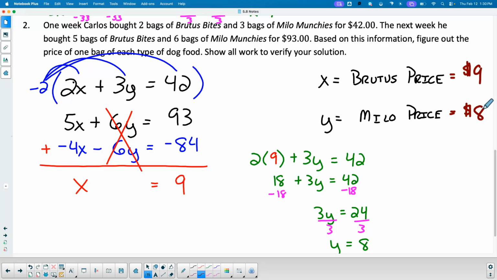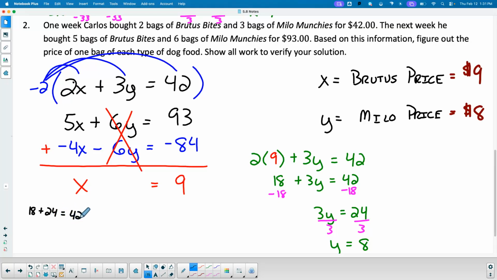Well, that's it. Now we got to check it. Okay? 2 bags of Brutus bites. So 2 bags at $9 each is how much? 18. 3 bags of Milo Munchies, 3 bags at $8 each. That's 24. 18 plus 24 is 42.